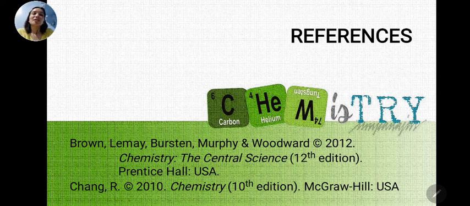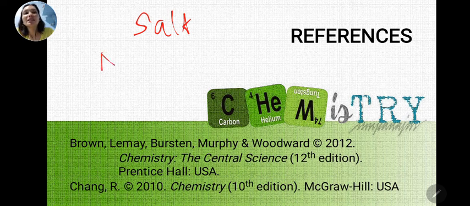Okay, so that's it. You can go over the discussion again, and kapag may tanong kayo, so maybe you will ask about paano ma-determine kung salt yung na-form. So, usually, ang salt ay combination ng cation and anion. For example, NaCl.